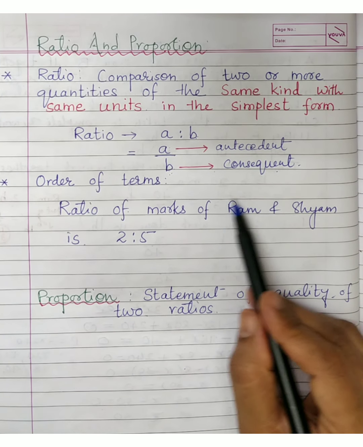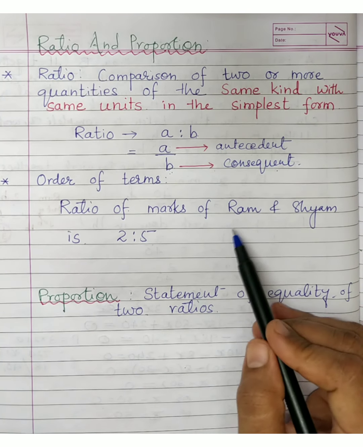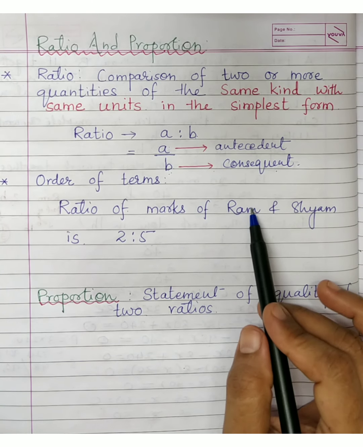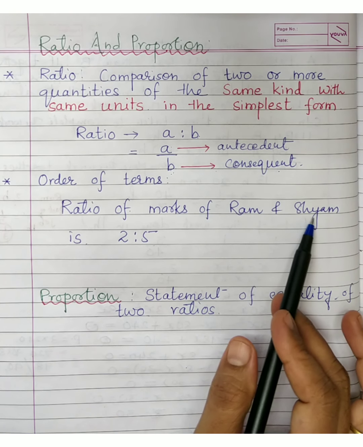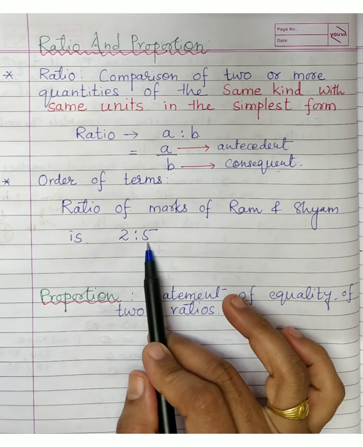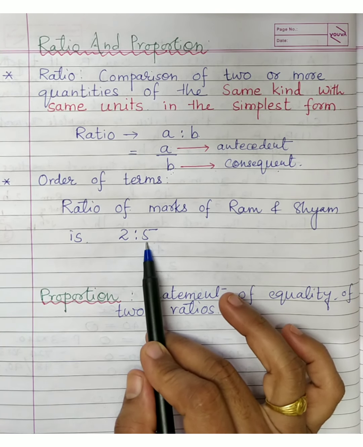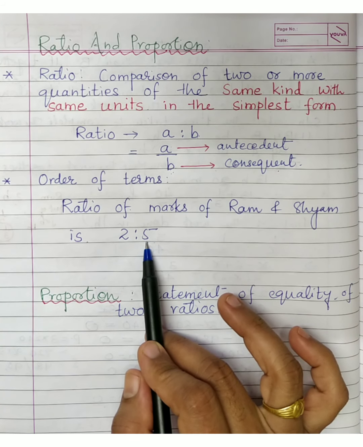So in whichever order you have taken the names or any quantity, that order is important. Ram will be related with 2 and Shyam will be related with 5. You cannot change it. It will be a mistake. It helps us in solving so many problems.